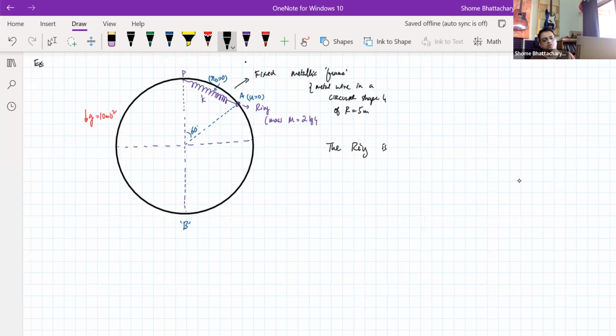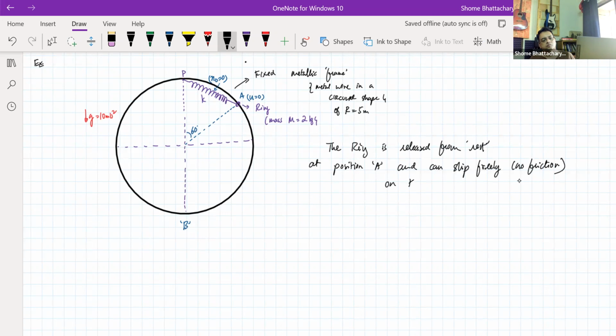The ring is released from rest at the position A and can slip freely. There is no friction on the metal frame.